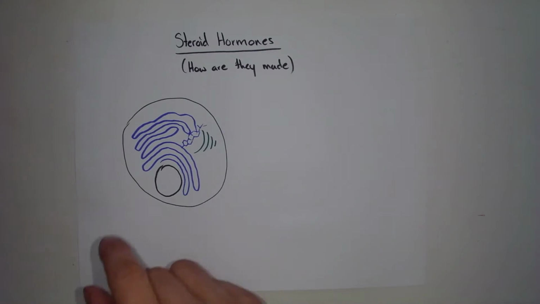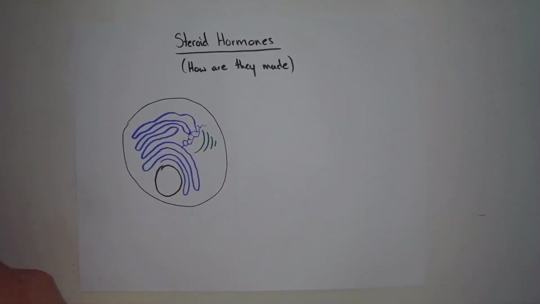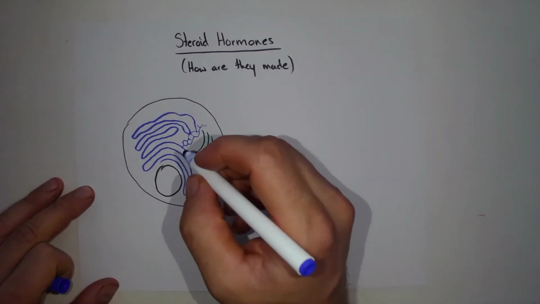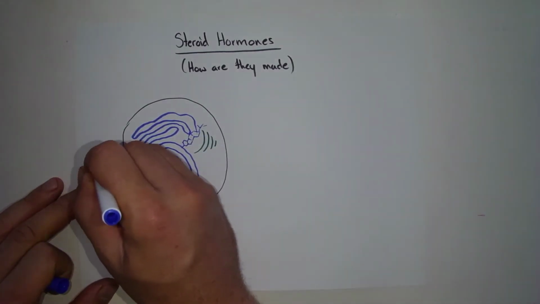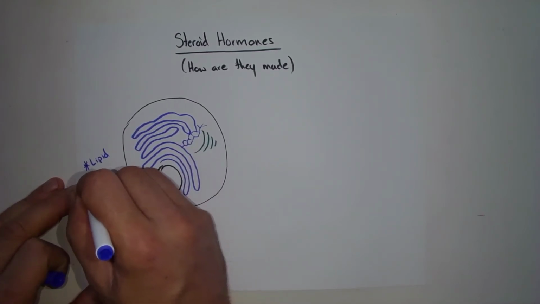Now, cholesterol or steroid-based hormones are lipid soluble, if you recall. And because they're lipid soluble, they cannot be stored within the cell.